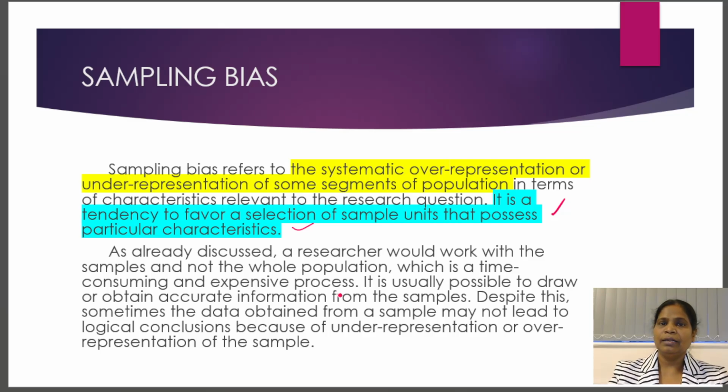So here, if there is an over-representation or under-representation, this could lead to sampling bias as well as sampling errors. If we over-represent or under-represent, it will not lead to logical conclusions.